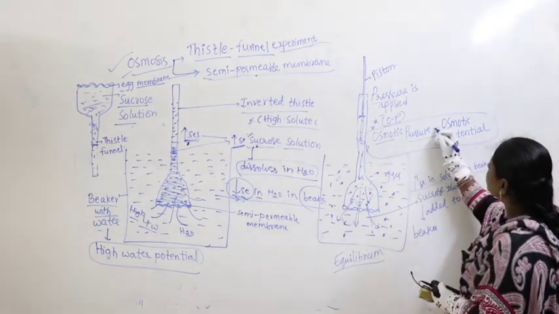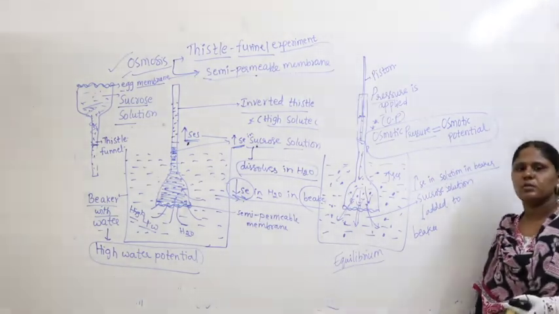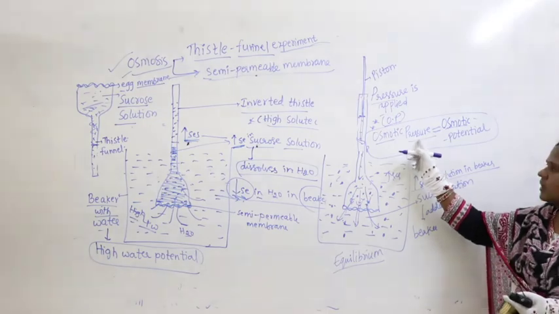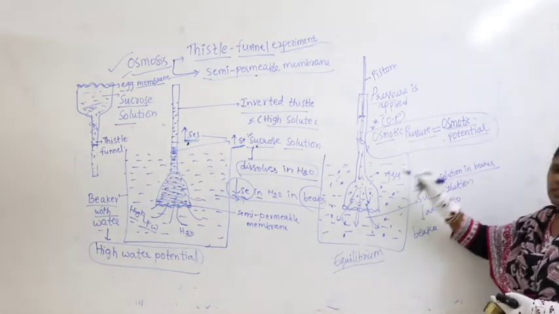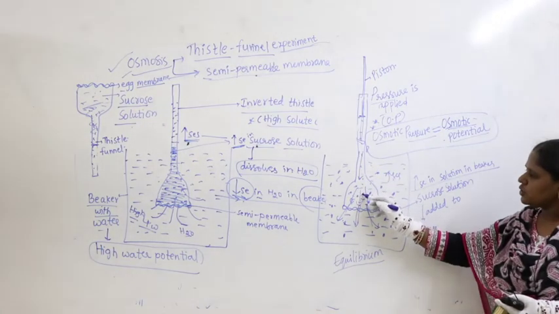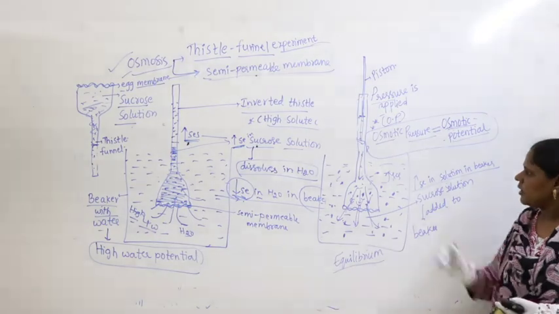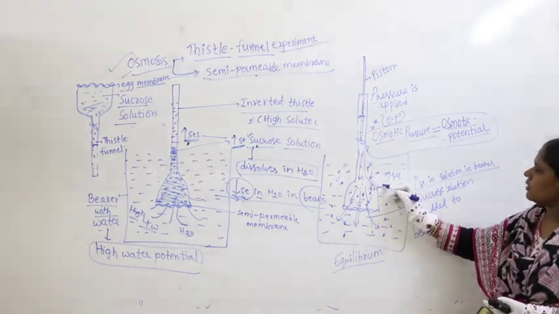Now how much pressure you create, that much potentiality is there for osmosis to occur. How much pressure you apply, that much is the ability of osmosis to move the sucrose solution from the inverted thistle funnel to the beaker. The pressure you apply here is equal to the potential.